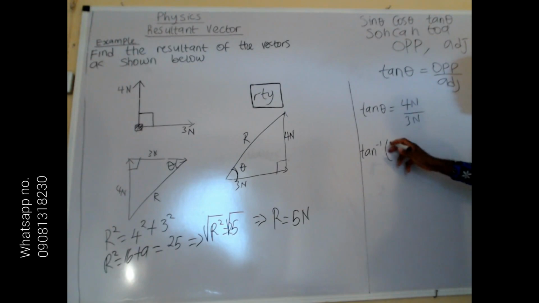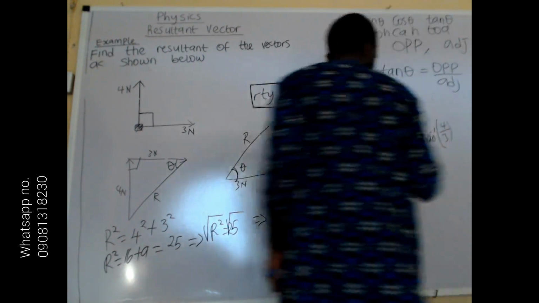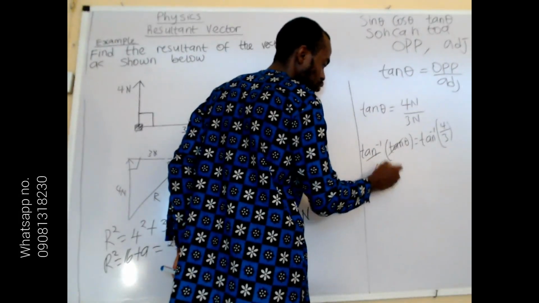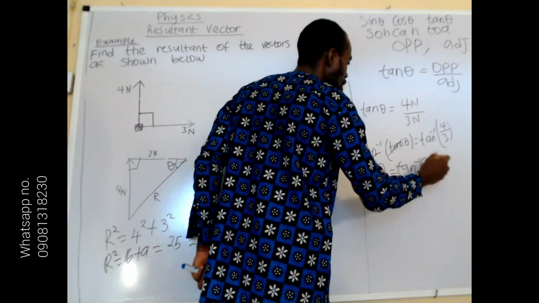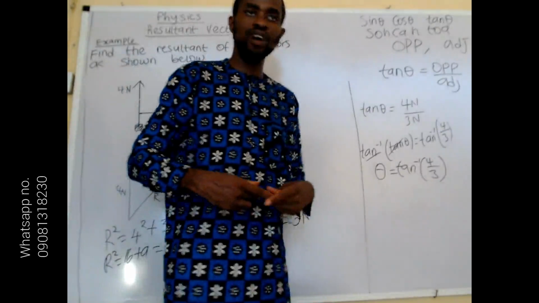Arctan of tan theta, arctan of 4 over 3. Because you have to divide 4 by 3 before you take the arctan, you have to introduce a bracket. Now, this arctan will strike out this tan. You are left with theta. So our answer will be arctan of 4 over 3.